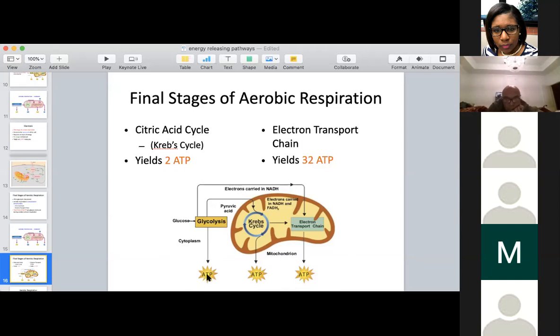Okay, so again, follow me. Glycolysis is going to yield us 2 molecules of ATP. The Krebs cycle is going to yield 2 molecules of ATP. And then the electron transport chain will yield us 32 molecules of ATP for a grand total of 36 net molecules of ATP from 1 molecule of glucose.